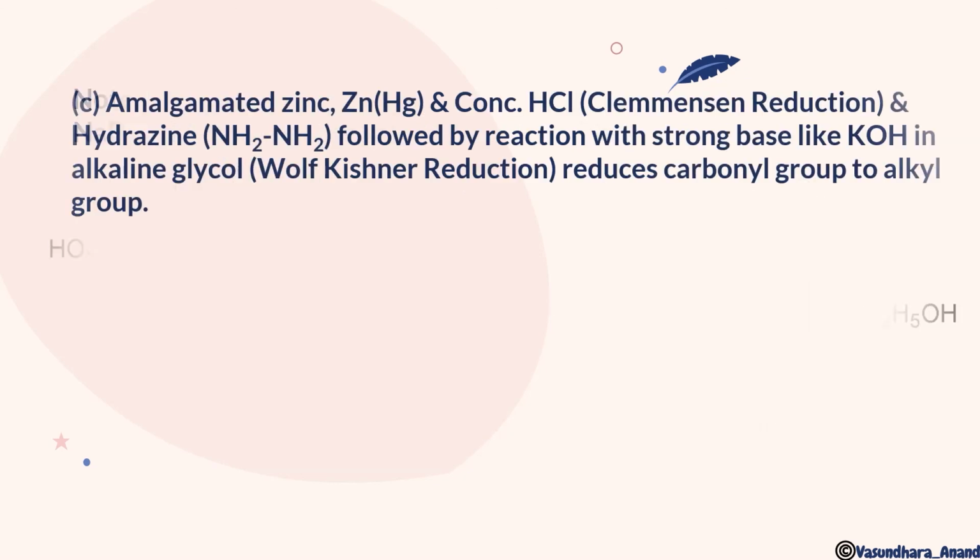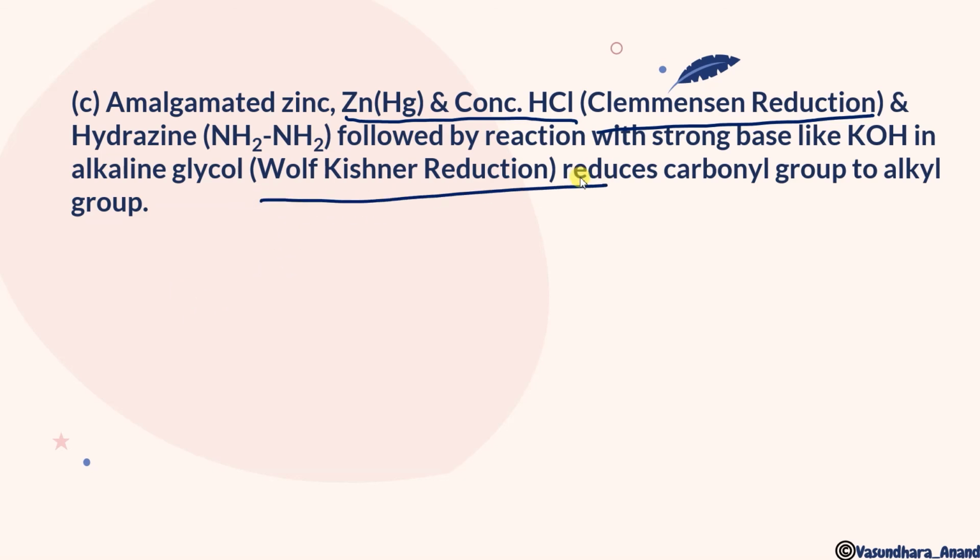Clear? Now amalgamated zinc. Amalgamated zinc means zinc mixed with mercury, used with conc HCl; this is called Clemmensen reduction. Whenever we use this reagent, it is called Clemmensen reduction. And hydrazine followed by a strong base like KOH in ethylene glycol is called Wolff-Kishner reduction.